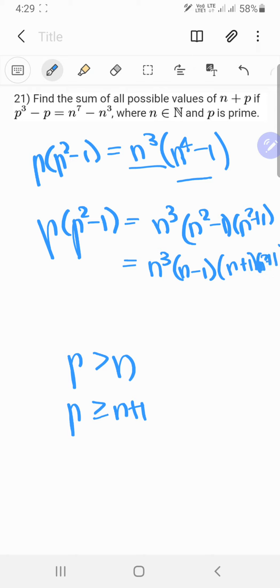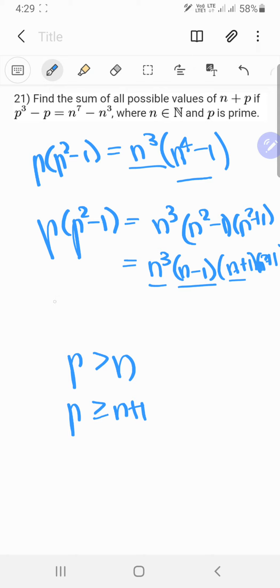Okay, so now what we know is that p cannot divide n cubed. At the same time, p cannot divide n minus 1, because p is bigger than or equal to n plus 1. P can in fact divide n plus 1, but that will happen if and only if p were equal to n plus 1.